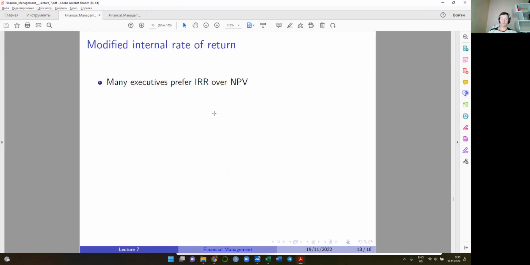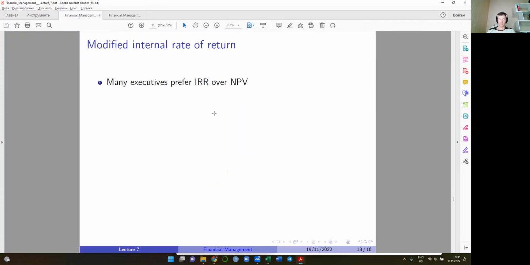And finally, we are coming to the improvement of internal rate of return. You can ask, why do we care about internal rate of return if it is so bad, and if NPV is usually better?